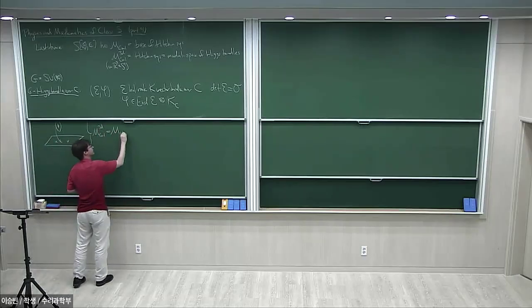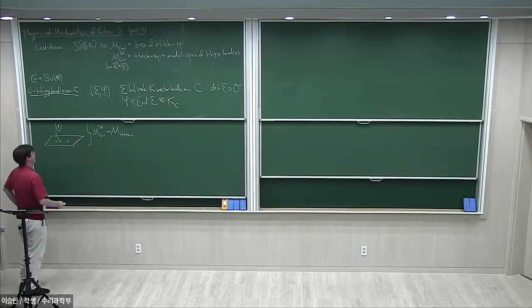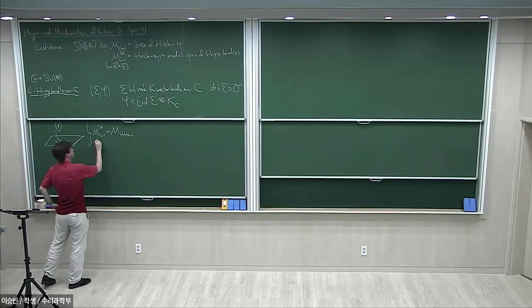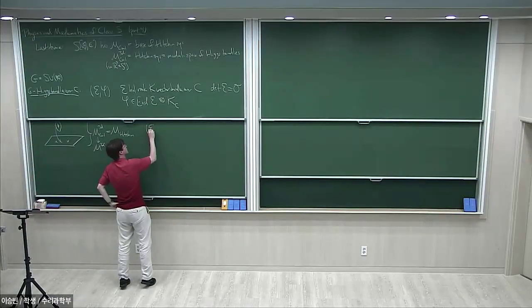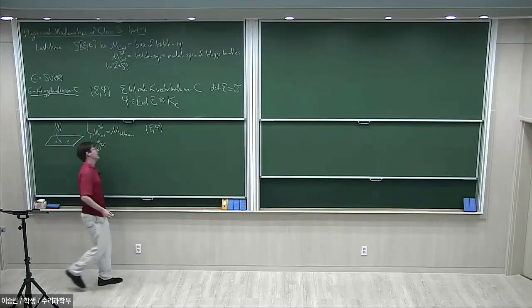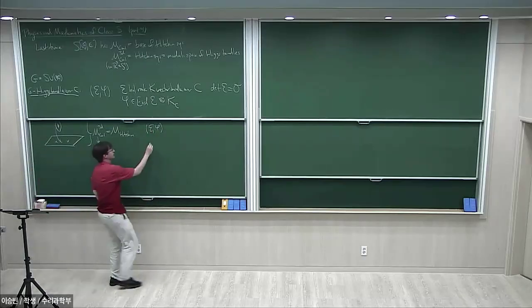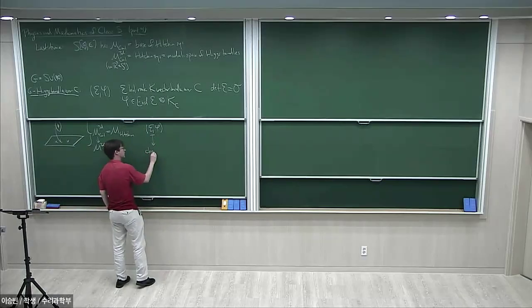We could also call it M Hitchin, the moduli space of Higgs bundles, fibered over the Hitchin base. What is that fibration? It's the map which takes the pair E comma phi and just remembers the characteristic polynomial of phi.